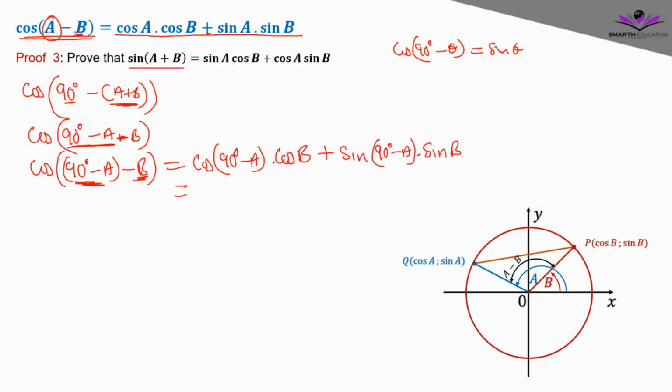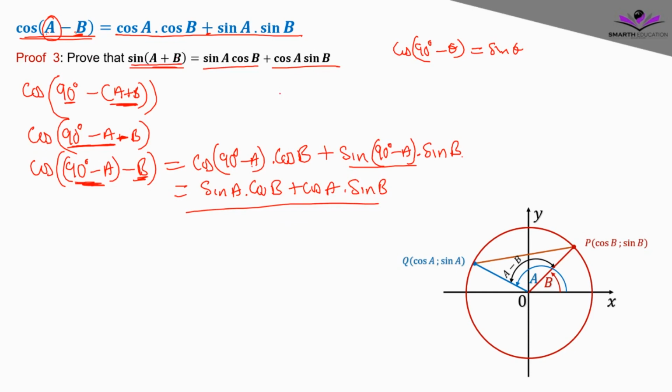Then cos(90 - A), that is sin A, isn't it? Sin A cos B, alright? And then sin(90 - A), that is cos A. So plus cos A sin B. Okay, we've proved that, right? Sin(A + B) is equal to sin A cos B plus cos A sin B.